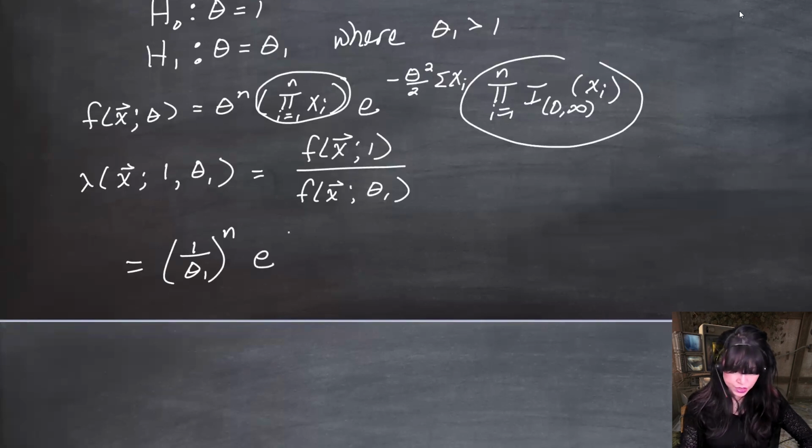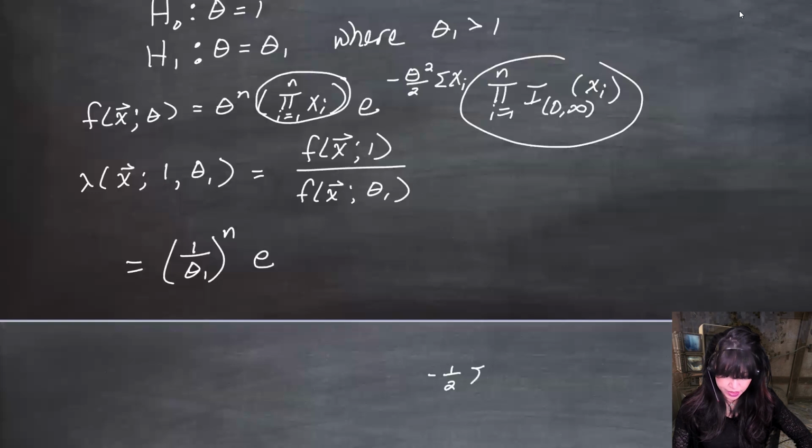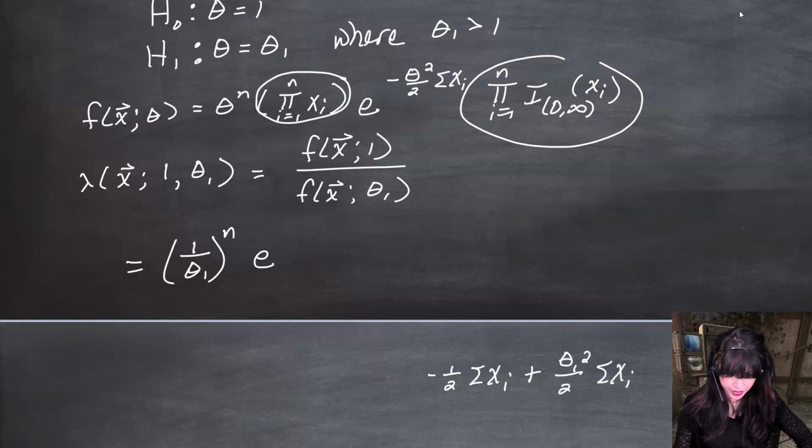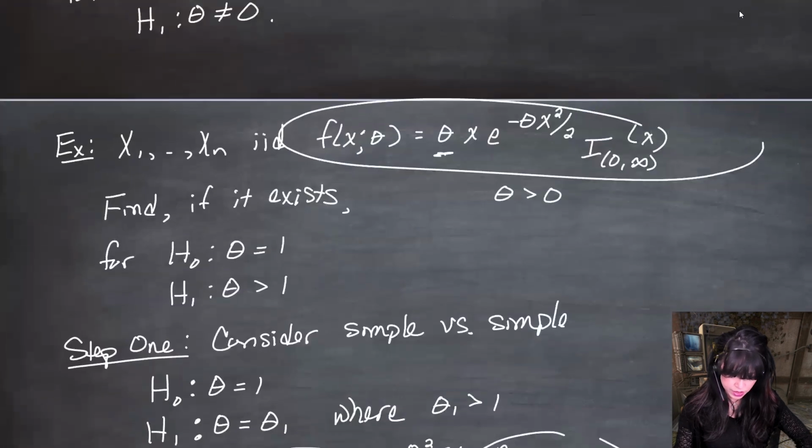E to the negative... Sorry, I got to plug in the 1. So my top exponent is minus 1/2 sum of the x's, and then I want to add theta 1 squared over 2 sum of the x's, and those x's were squared.